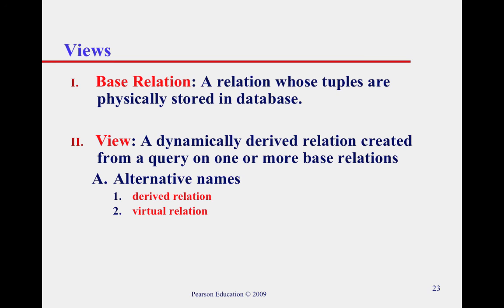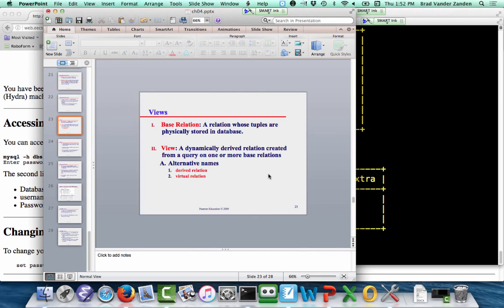But that would still be in the base relation. Then views are dynamically derived relations that are created from a query on one or more base relations. And you may also hear them referred to as derived relations or virtual relations.